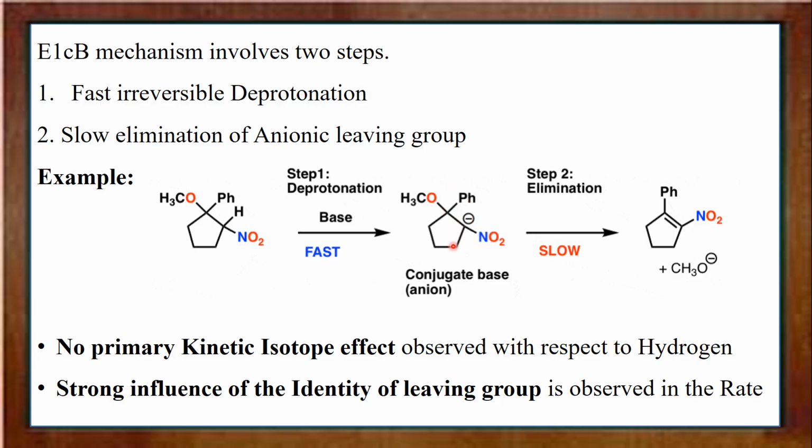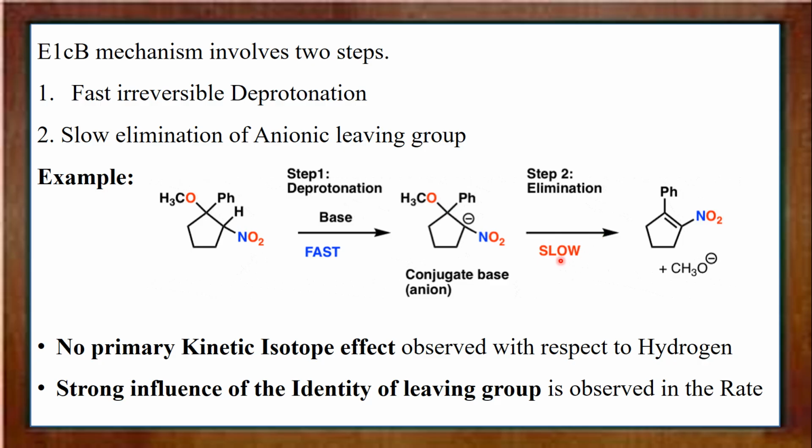So this carbanion is stable and the methoxy group is a poor leaving group. Therefore, the elimination of the methoxy group is not taking place at a fast rate. Instead, it is taking place at a very slow rate.